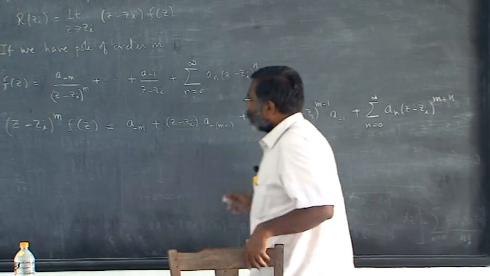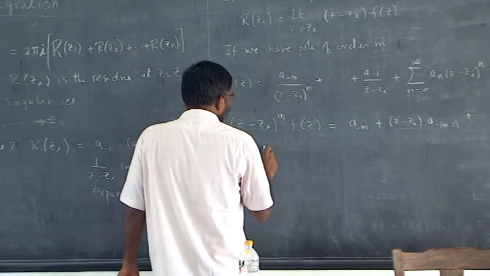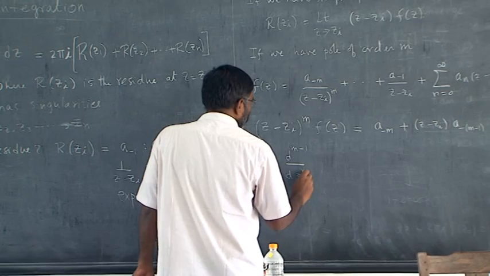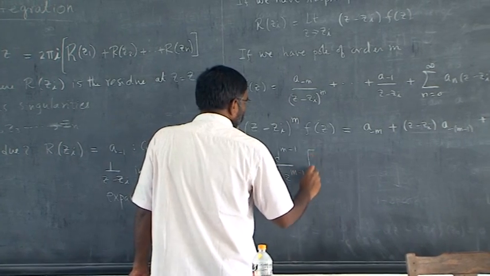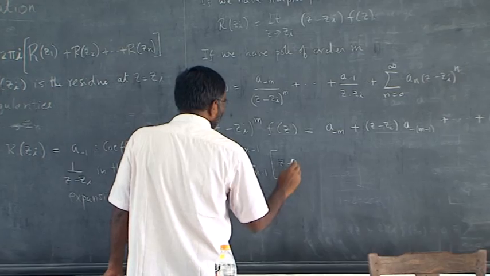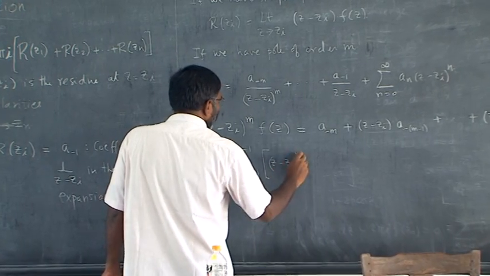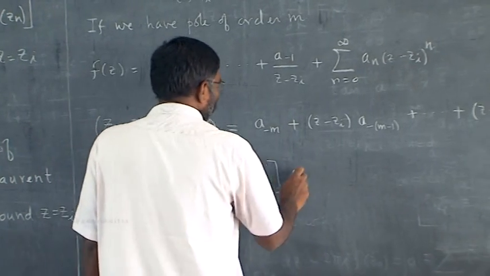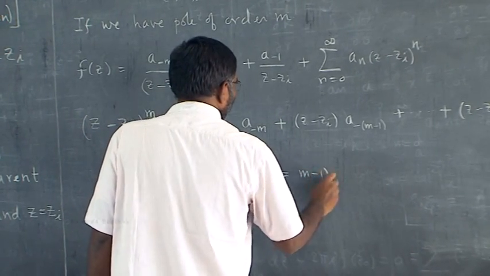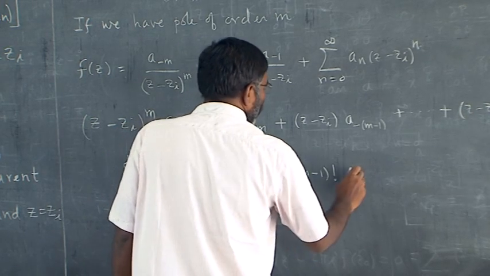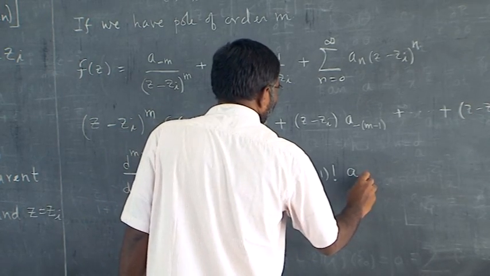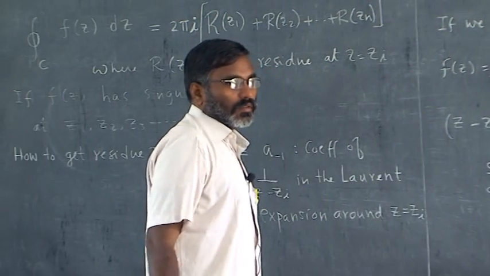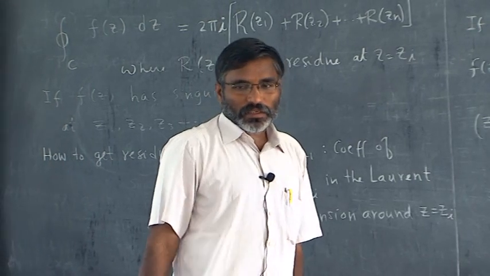So if I differentiate z minus zi to the m into f of z, m minus 1 times, I will have m minus 1 factorial into a minus 1. I want a minus 1 finally, that is my residue.